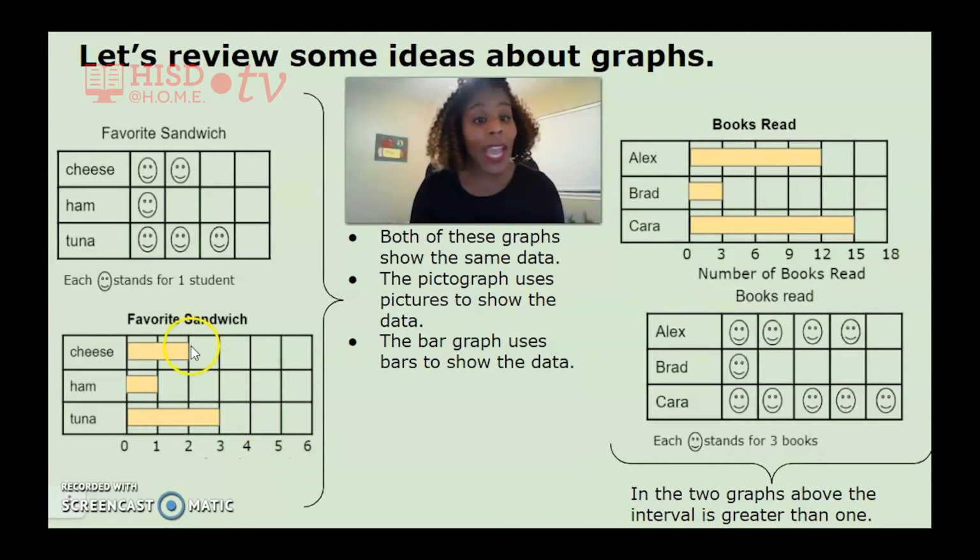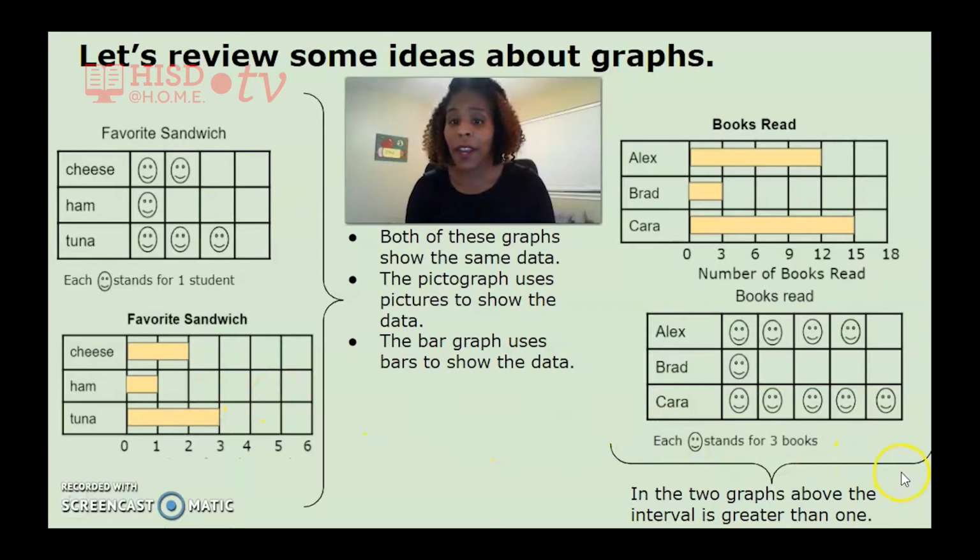So we had two students that like cheese sandwiches, one student that likes ham sandwiches, and three students that like tuna sandwiches. So we're using the same information, but we are recording it on two different graphs. We have a pictograph here and a bar graph here.